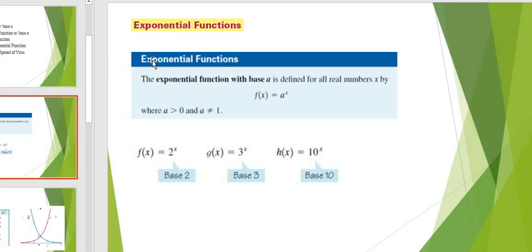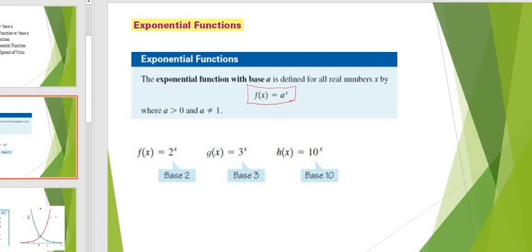So this is the definition of our exponential function with base a. It follows this equation. So we have f of x is equal to a to the power of x. Take note that we have these different examples.